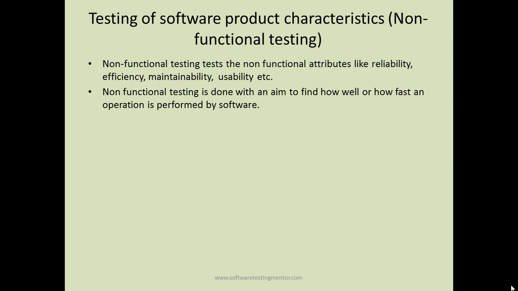Suppose a website is able to handle 50,000 users, but whenever a person tries to load a new page, it takes 30 seconds to load. That's not a good thing for a website. So non-functional testing tests these attributes. It tests how fast an operation is performed by the software.